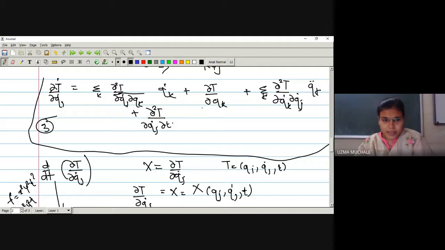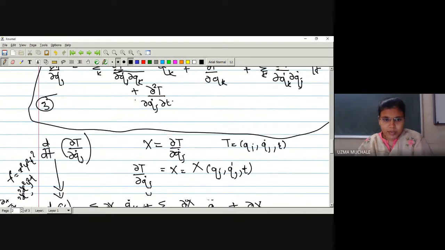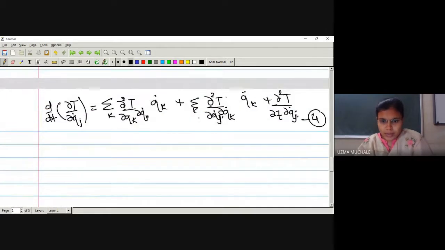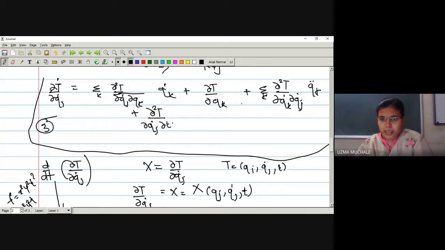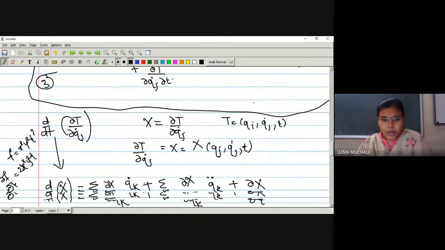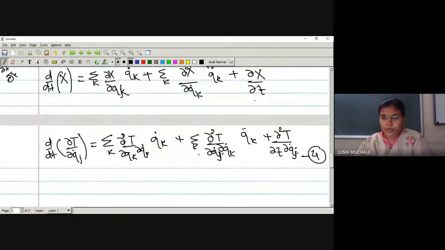Okay, let me have this. First term, if you can see, is same, and the third term is exactly same as here. And what is the last term? Dou 2T by dou qj dot dou t, and here also dou 2T by dou qj dot and dou t. So let me write down subtracting equation 4 from 3, or we can write it as equation number 3 minus equation number 4.